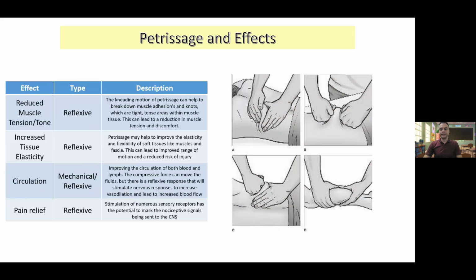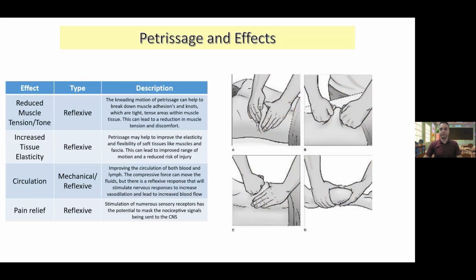So the kneading action can help to essentially loosen up and break down the muscle tissue, and help to break down the connective tissue as well, which in theory reduces the adhesions between the areas and tissues, and ultimately relieves the tension and discomfort in the muscles as well.